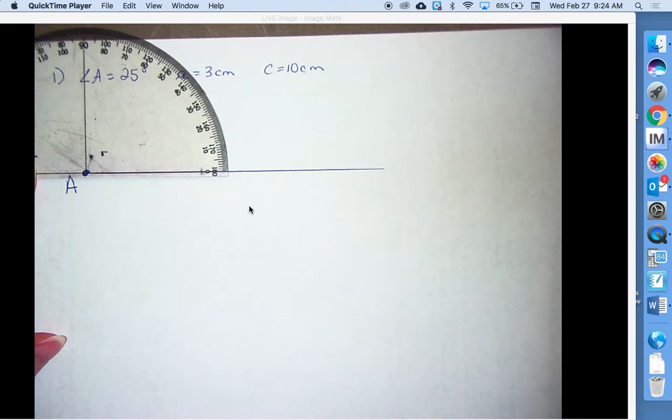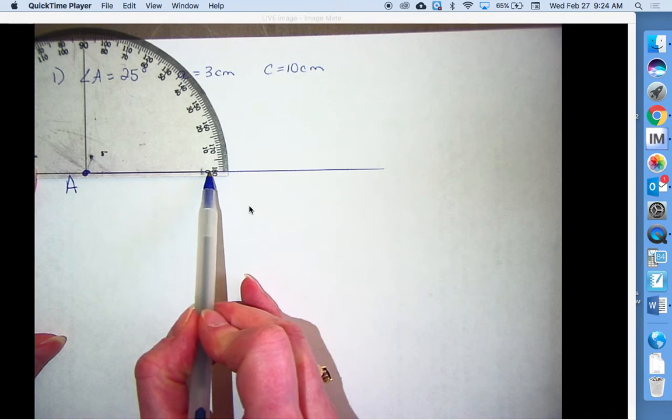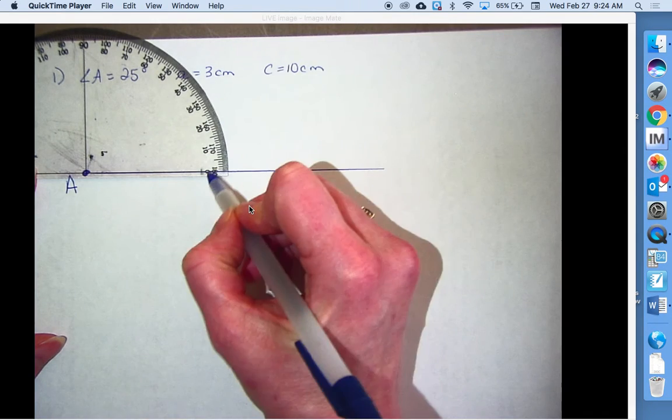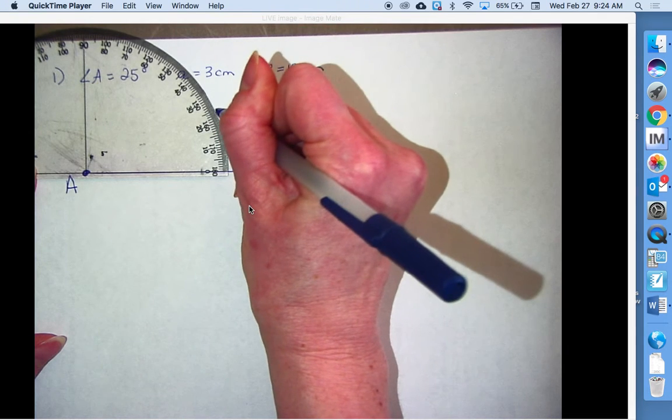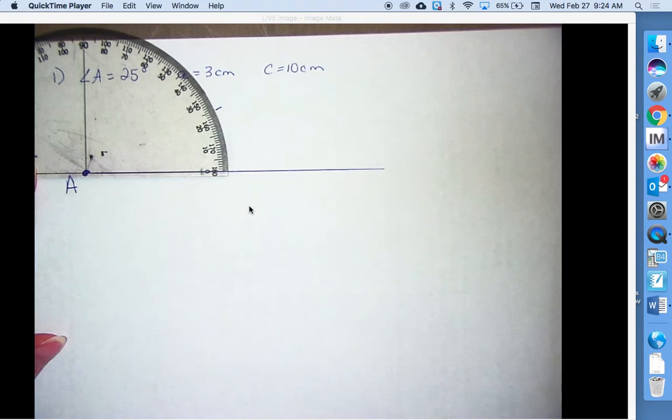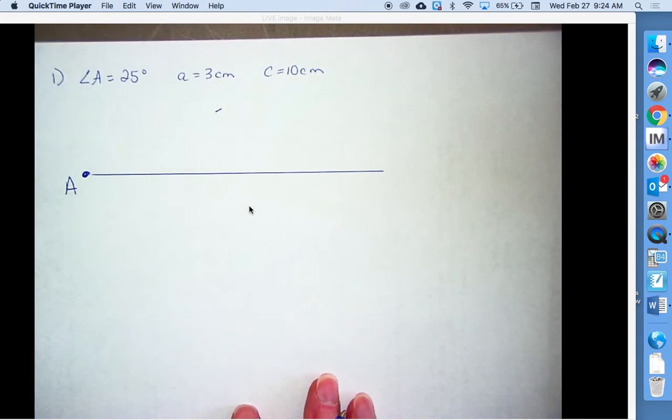So you're lining up the horizontal line on the protractor with the horizontal line you made, and putting the perpendicular mark in the middle of the point. And then we're measuring a 25-degree angle. If you start on the right, because that's where your horizontal line connects with the protractor, we go up to where it says 25 degrees, and you put a little tick mark at 25 degrees. So I have a little tick mark there.